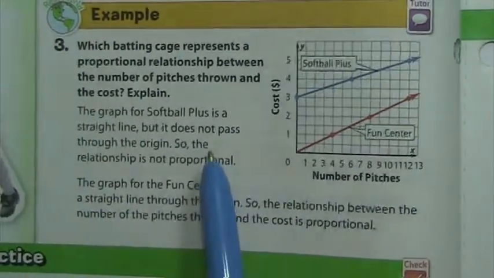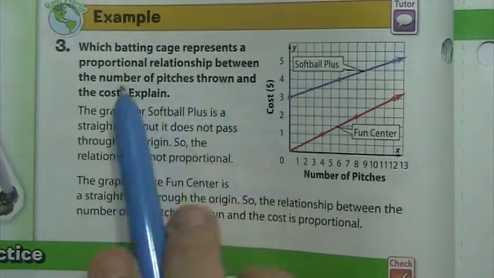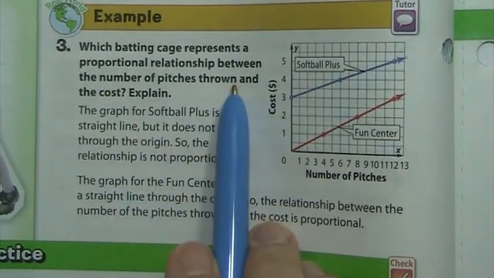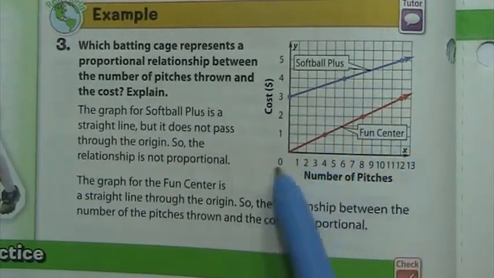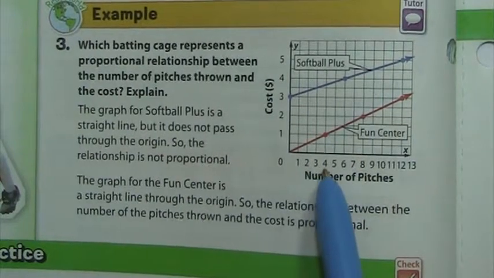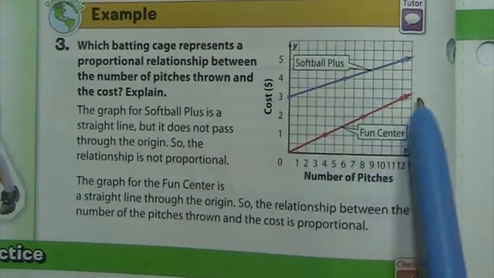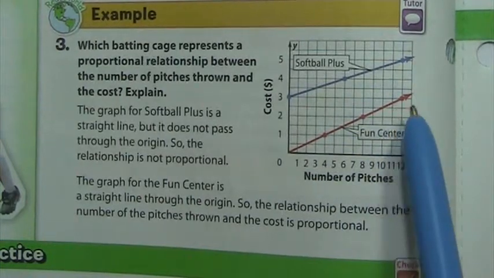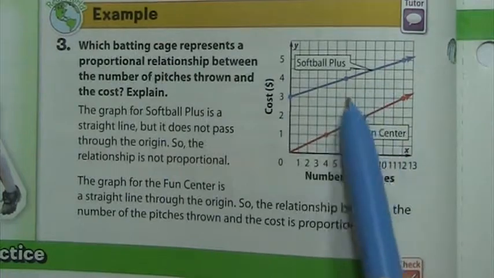If you look at the top here, this has to do with a batting cage. It represents a proportional relationship between the number of pitches thrown and the cost, because it costs so much depending on how many pitches you get. There are 2 different places they go to: one is called Run Center, and the other is called Softball Plus.